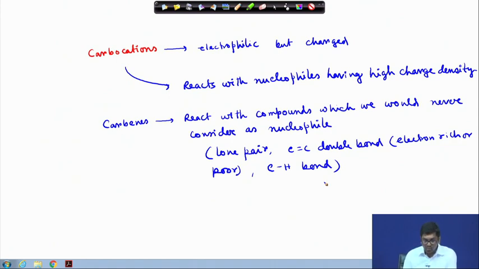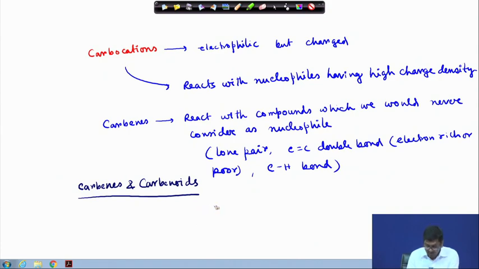What types of reactions can it give? In general, we will consider both carbenes and carbenoids. First, we will discuss addition reactions.